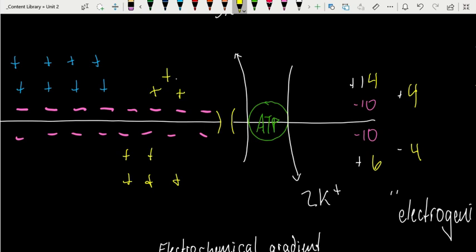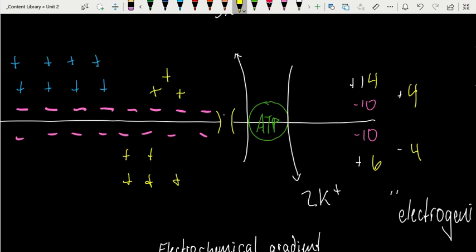So we're never going to really truly reach equilibrium in the sense that I'm going to have the same amount of positives on the inside as I'm going to have on the outside. That's not going to happen. Plus, we're always running the sodium-potassium pump to make sure that those that leak out are just pumped right back in. There are enough doors open to maintain the resting membrane potential for any given cell.